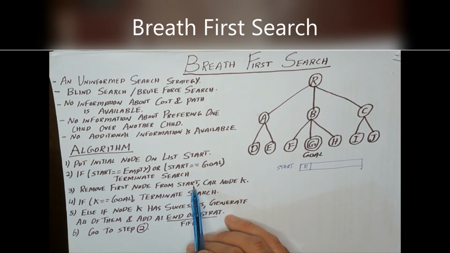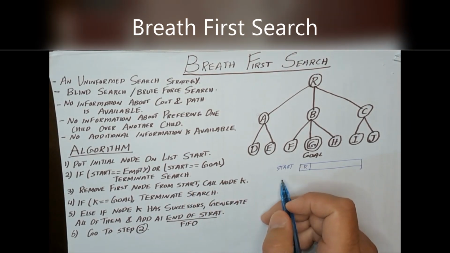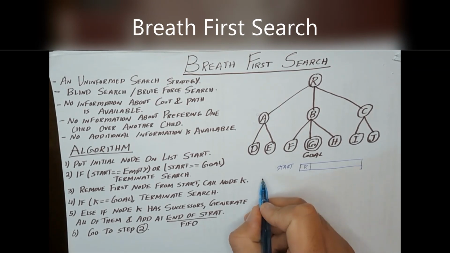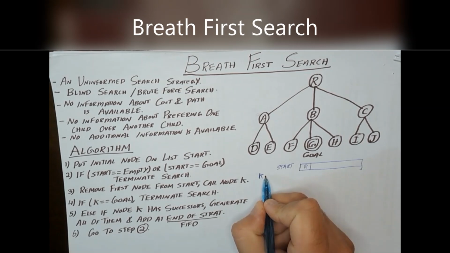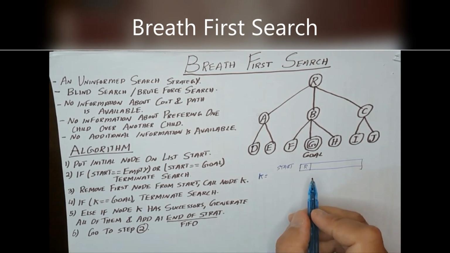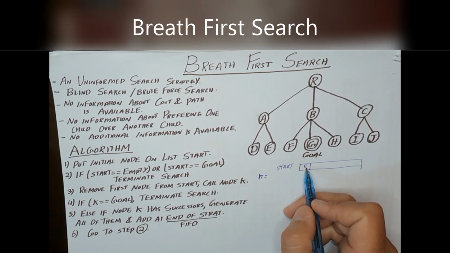Remove first node from start, call the node k. So now we define a variable with the name k, and to this variable k we assign the value of the node that is available in start.